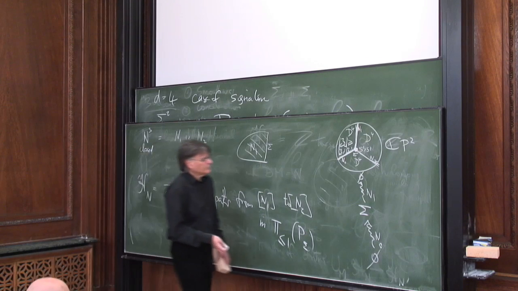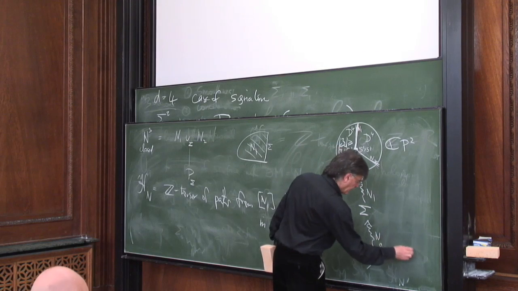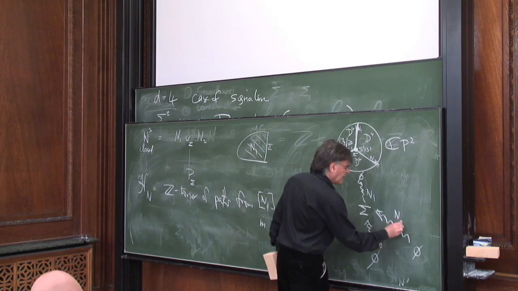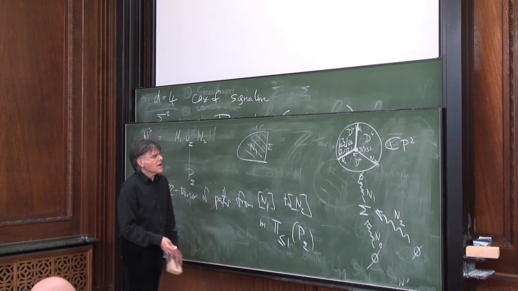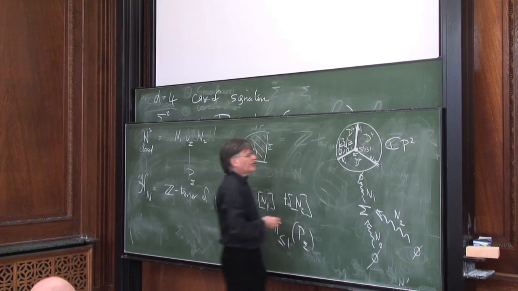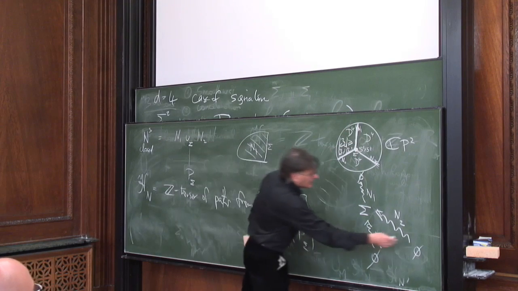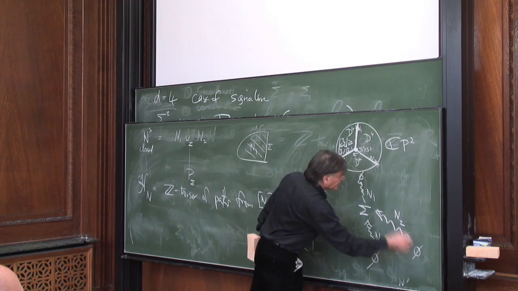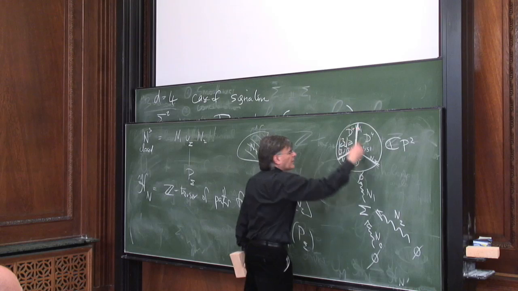Now we have, however, another cobordism, n1 and n2 from there to there. And when we do the composite of those, we'll get another closed three-manifold, a cobordism from nothing to nothing, which will be this one.